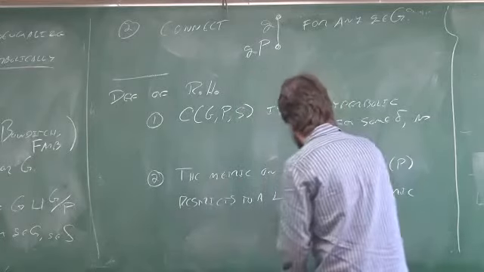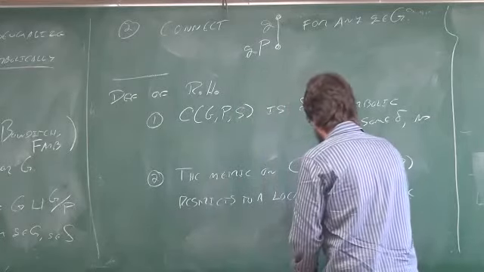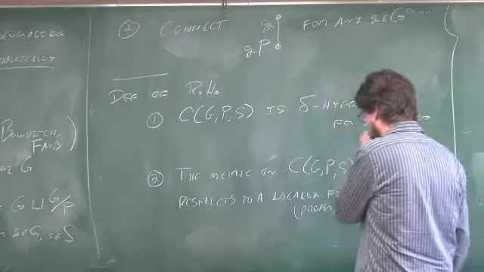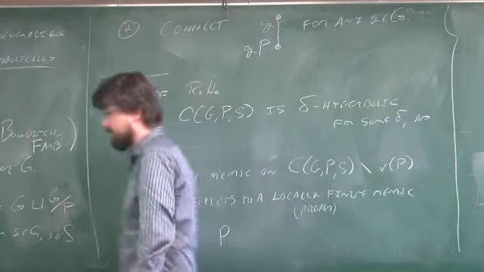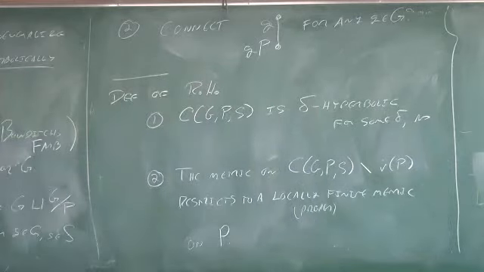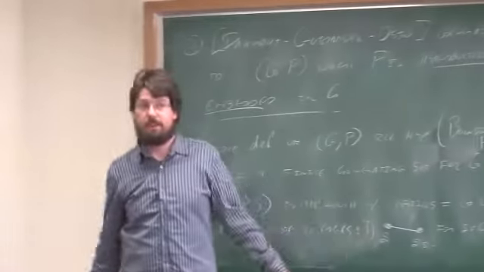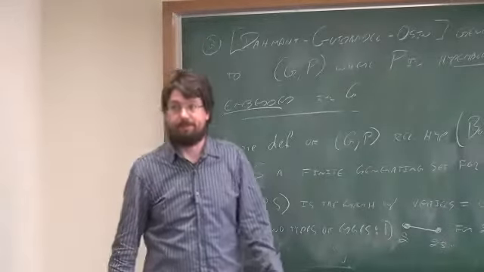I guess I was calling this proper before. It's the same thing. Proper metric on P. Since P is a discrete set, it's the same thing to say that the metric is proper as to say it's locally finite. So I just mean that if I look at a single vertex of P and look at all the vertices of distance at most R from P, that should be some finite set.